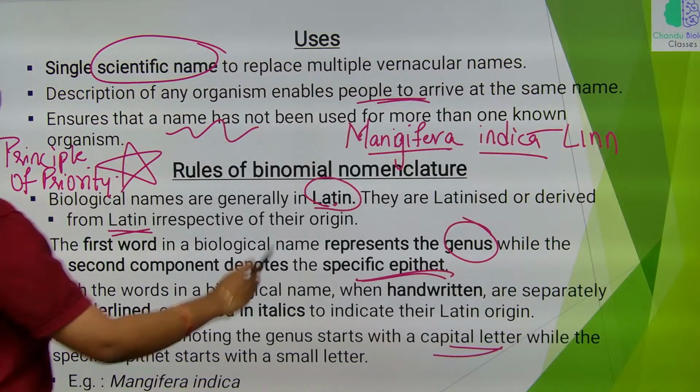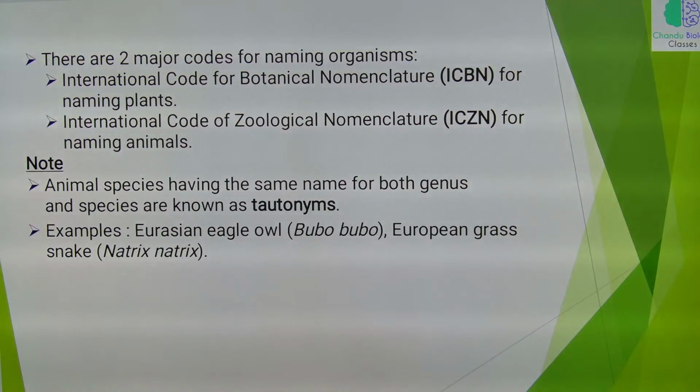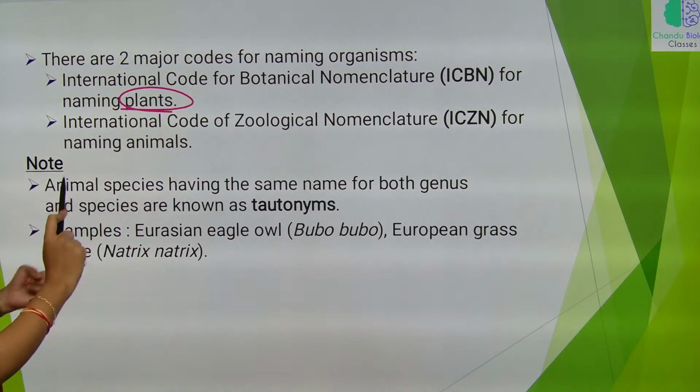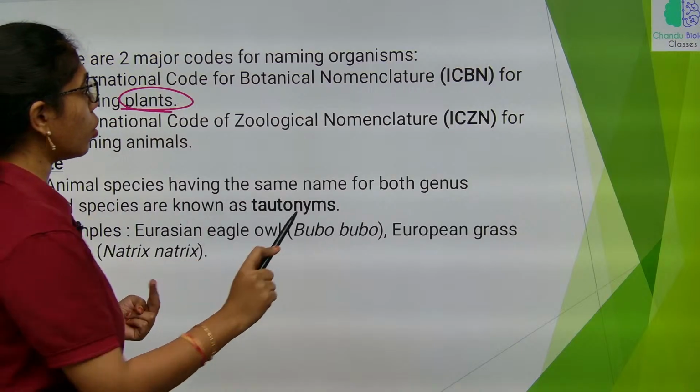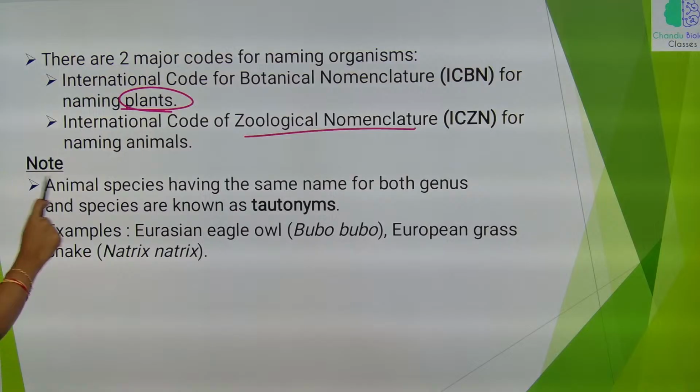Next, there are two major codes of naming organisms. One is the International Code of Botanical Nomenclature, which is for plants, and the second is the International Code of Zoological Nomenclature for animals. Animal species can have the same name for both genus and species.